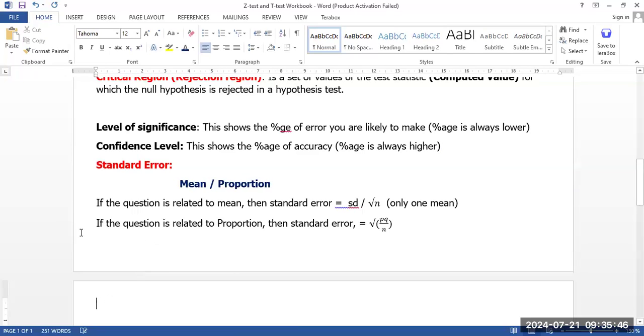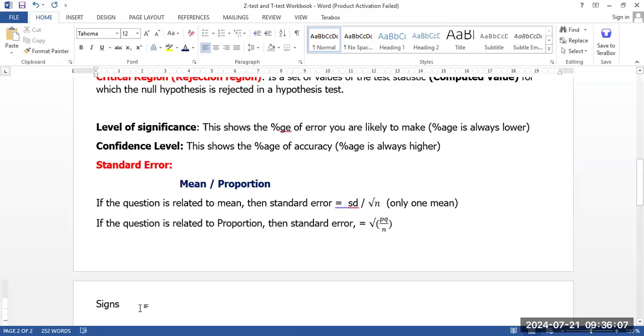Now, if you are dealing with two means or two proportions, the standard error will change, as we are going to see moving forward. Then you need to differentiate what the sign is.